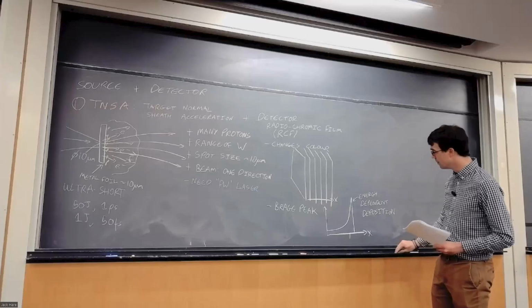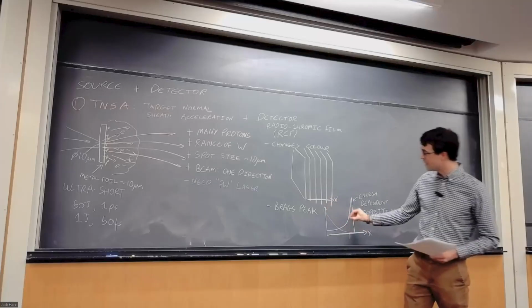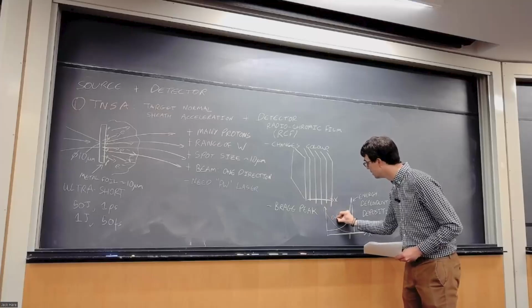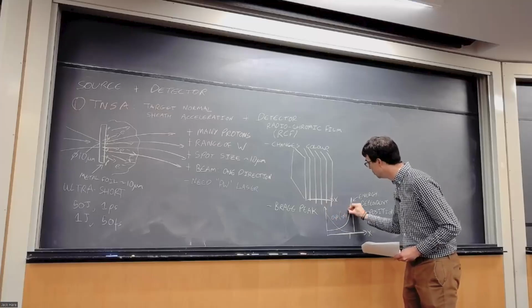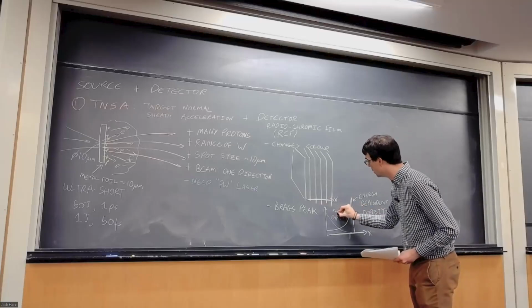The reason this is peculiar is you'll remember that for photons, we just had this exponential decay here that was to do with the opacity of it. But that's not what we get for particles.